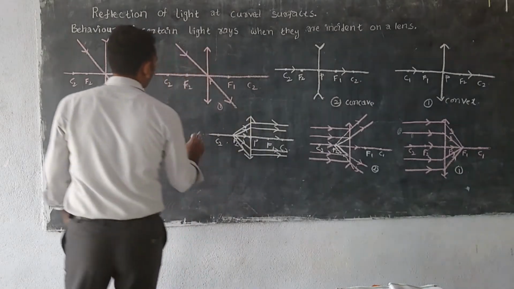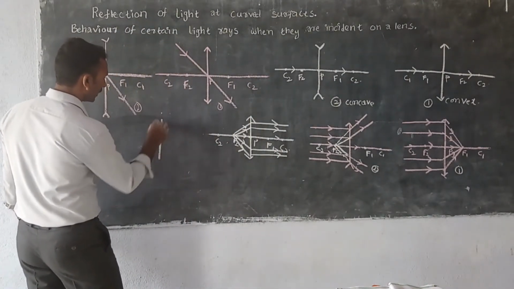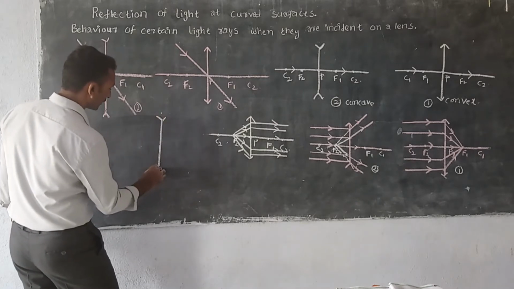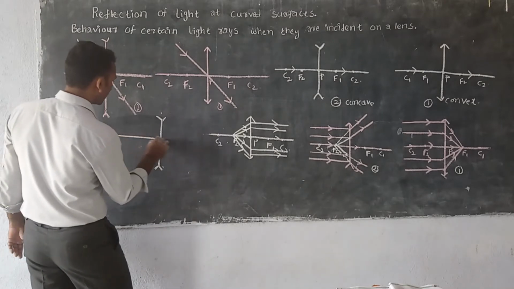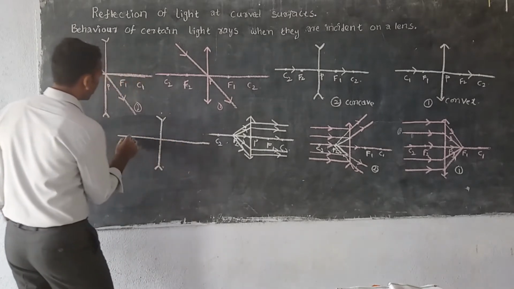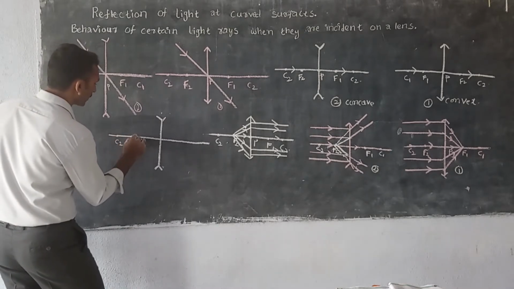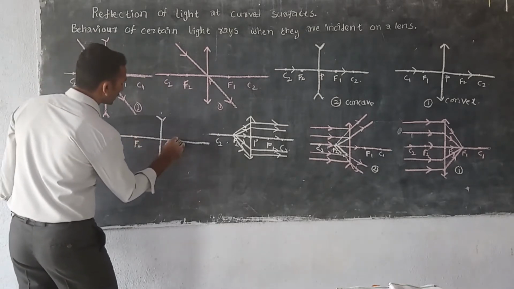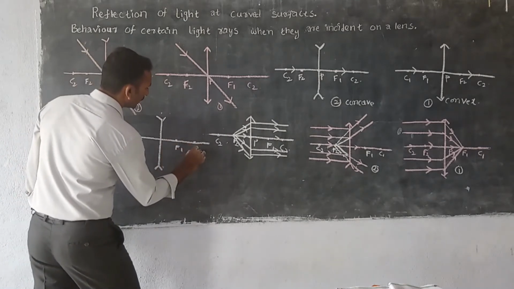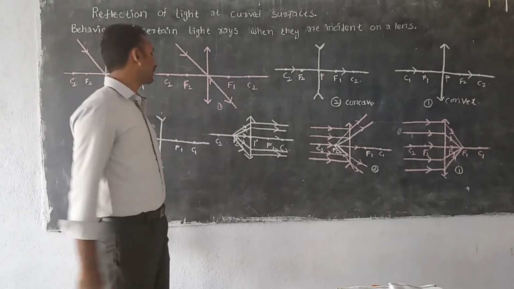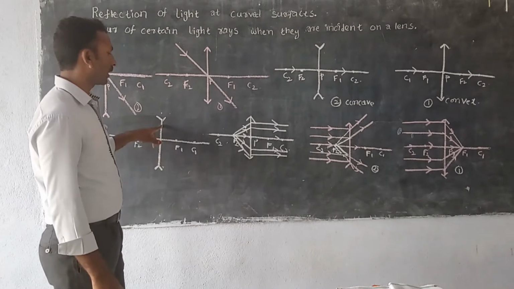Another ray diagram we have to draw, that is for the concave lens. Draw a concave lens. This one will be the principal axis, and this one will be the center of curvature C2. This one focal point F2, and this one focal point F1. This one center of curvature C1. And here, what is the different thing? The light rays are going through the focal point.